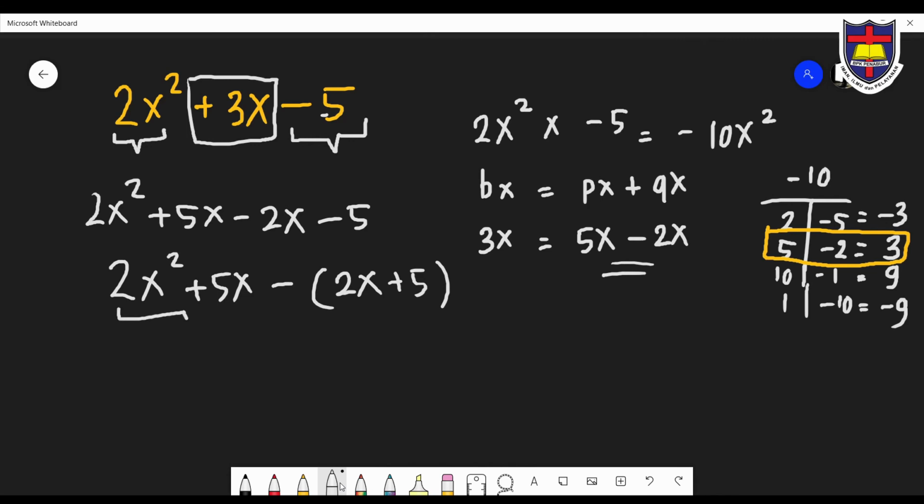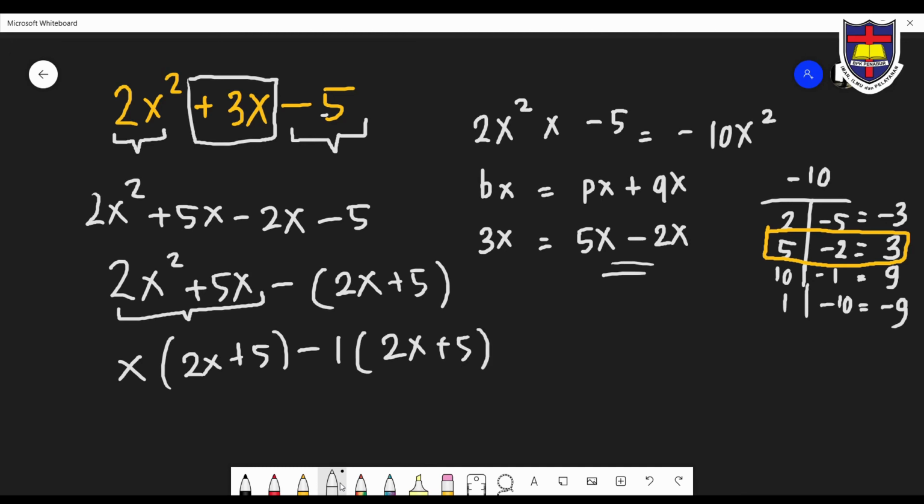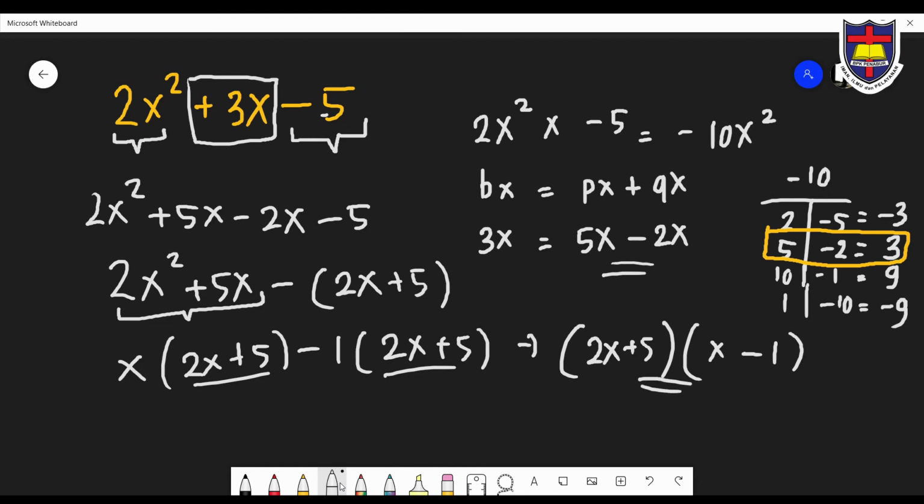So this one we can factor it: x times (2x plus 5), and then minus 1 times (2x plus 5). Because 2x plus 5 is the same, we can make it (2x plus 5) times (x minus 1). So we have this, and we can write it equals 0.